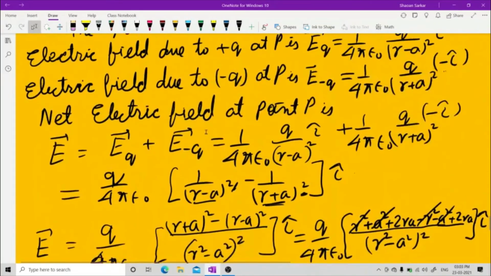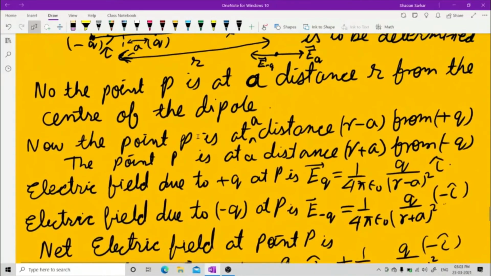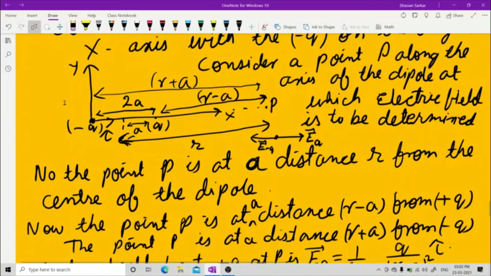Basically, the electric field is always directed from the plus charge to the minus charge, as we have seen earlier. But in this case, it is directed from minus to plus charge.